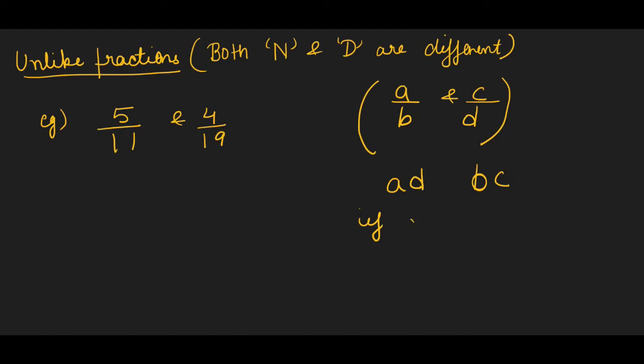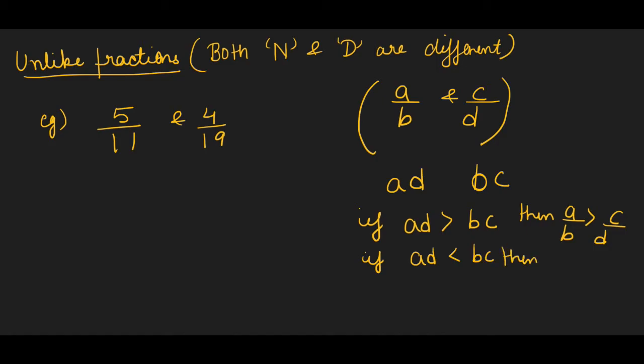If AD is greater than BC, then A upon B is greater than C upon D. If AD is less than BC, then A upon B is less than C upon D. And the last one: if AD equals BC, then A upon B equals C upon D.